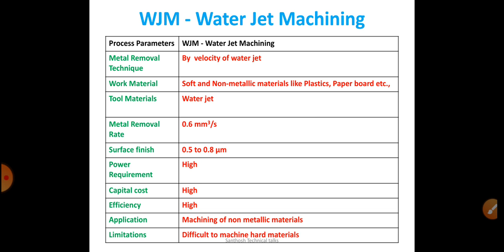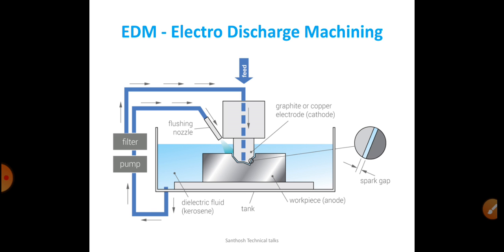Surface finish 0.5 to 0.8. Here the power requirement is high, capital cost high, and non-metallic materials can be easily machined by means of water jet machining. The major disadvantage is it is difficult to machine harder materials.